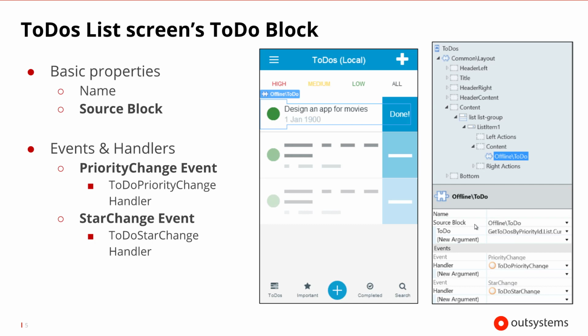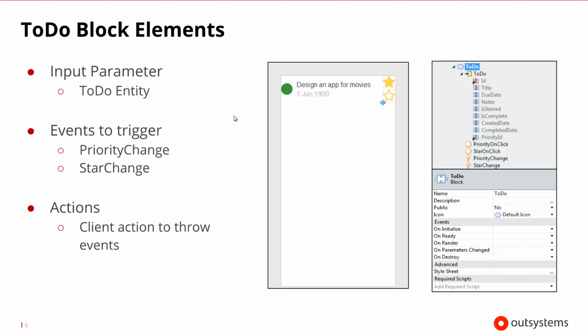The type of block it is, the type of input it needs, and the types of events that it can throw to this screen. And then we can define the screen handlers, which we'll come back and look at in just a second. So we worry about the name, the source block, and then really the events and the handlers when we think about the parent. So when we place the block on a screen, it's the parent's definition that's really being inspected.